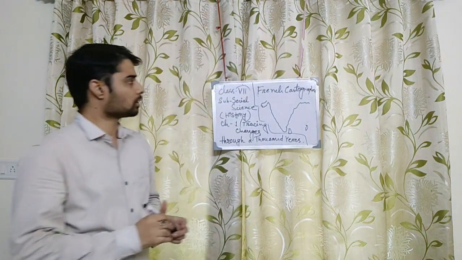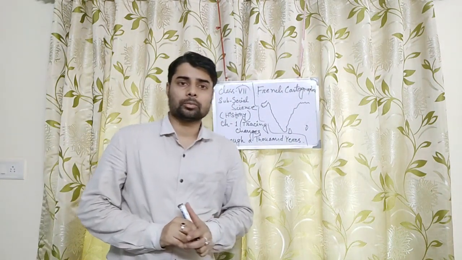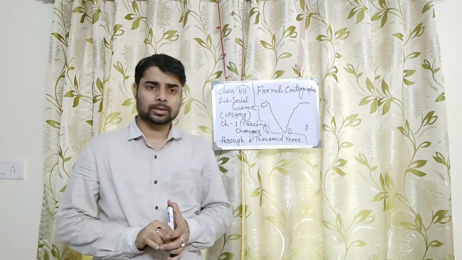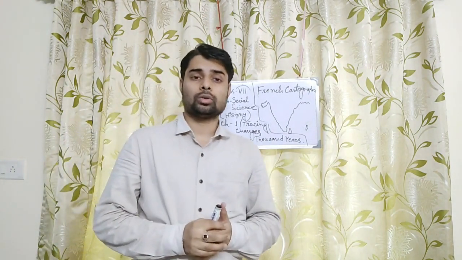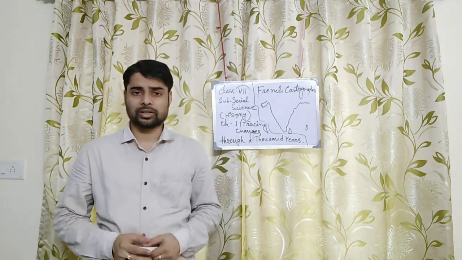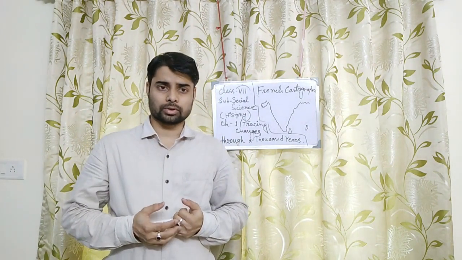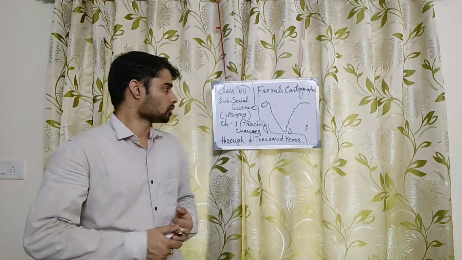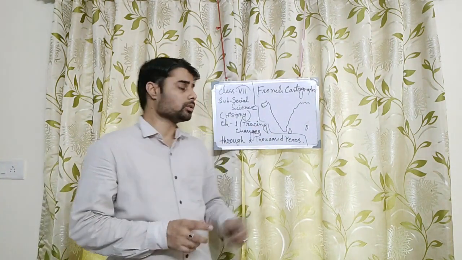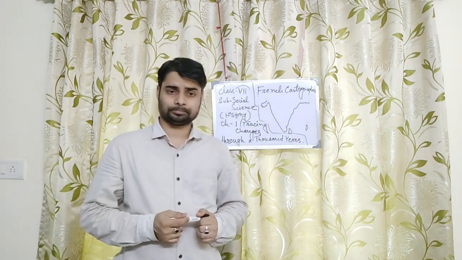What is the name of the cartographer? The name of the cartographer is Guillaume Delisle. It is not mentioned in your book, but I also mention it for your query. So this map is very similar to today's India.